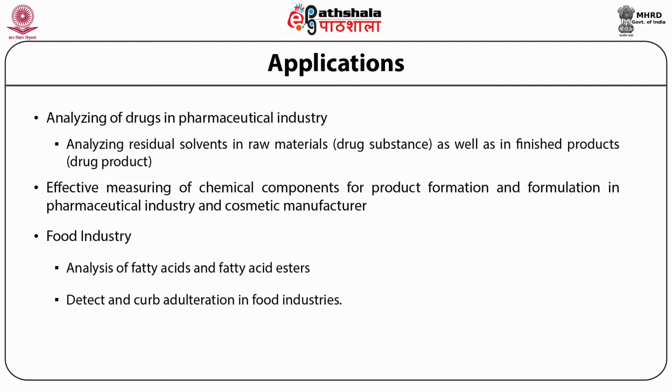Application of gas chromatography in food industries includes quality testing and solvent testing. Two important characteristics in the food industry are flavor and fragrance of the food item. Quality testing and fingerprinting of fragrances can be characterized by using gas chromatography.